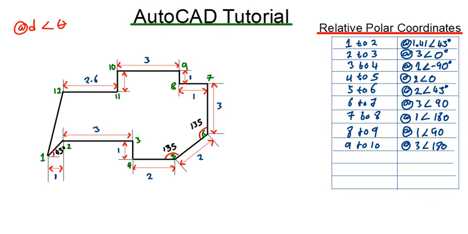Then from 10 to 11, which is this portion right here, I've also forgotten to put the distance. This distance is 1.4, so it's going to be at 1.4, then the angle of 270 or minus 90. Here I use 270, whereas for 3 to 4 I used minus 90.